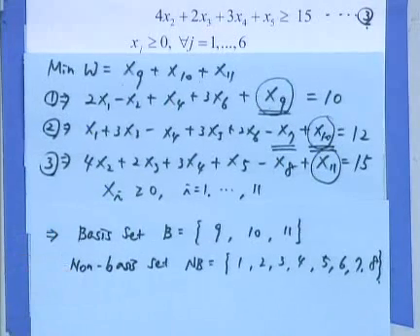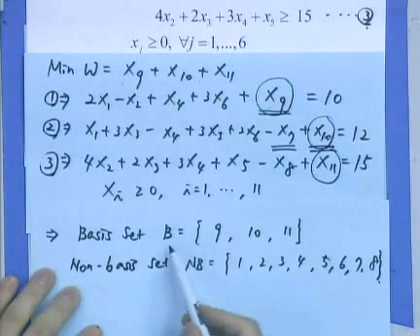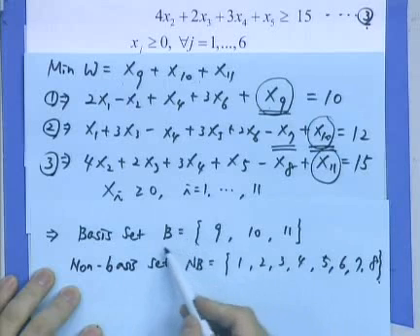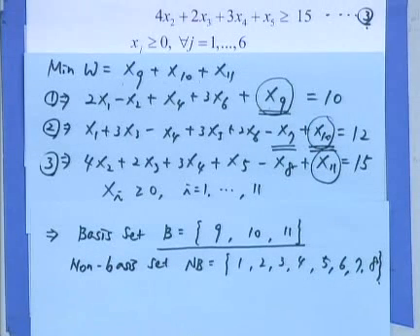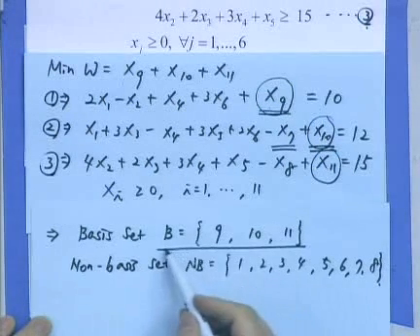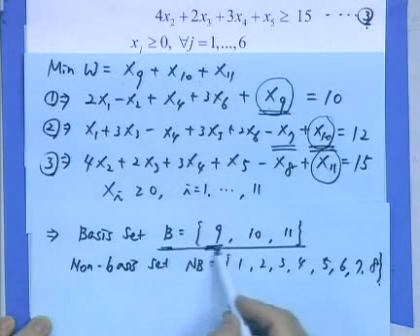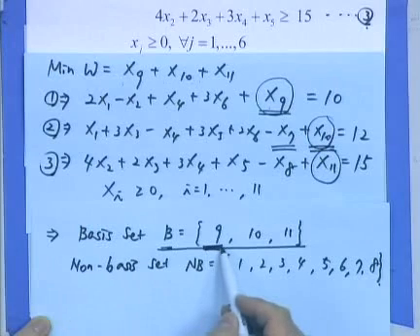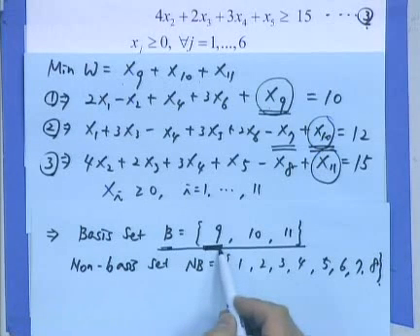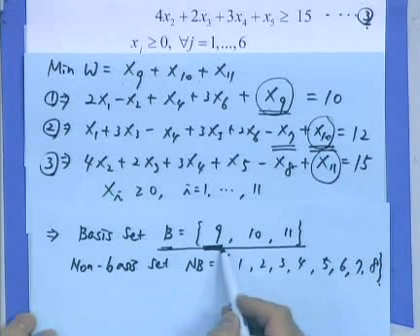So here, what does the current basis set B equals 9, 10, and 11 mean? This means the first element of B, which is 9, is the basic variable in the first constraint, which means x9 variable is the basic variable in the first constraint.